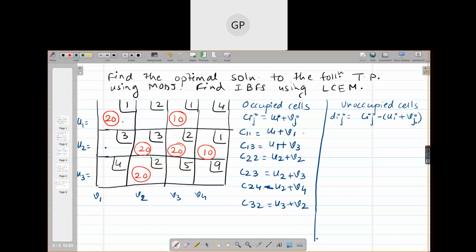And how many equations have you formed? 6. Because you have got 6 allocations, you will have only 6 occupied cells. That means you will have only 6 equations. So there are 7 variables and 6 equations.